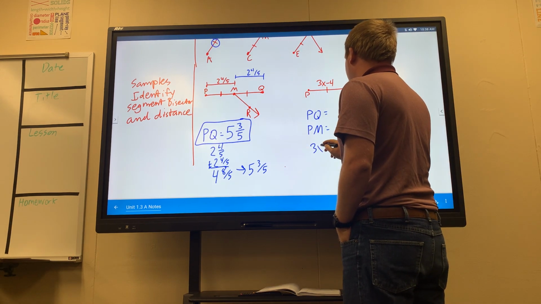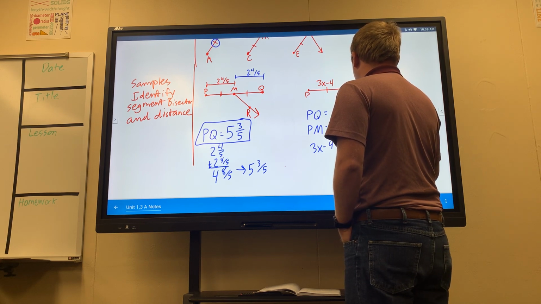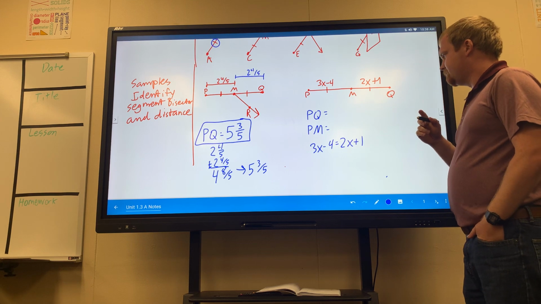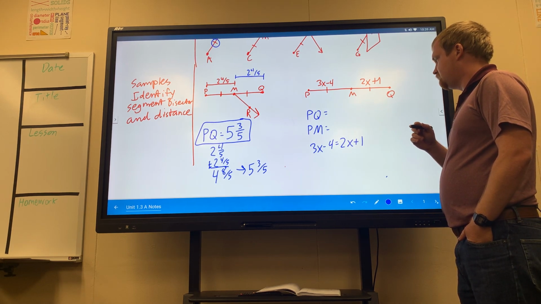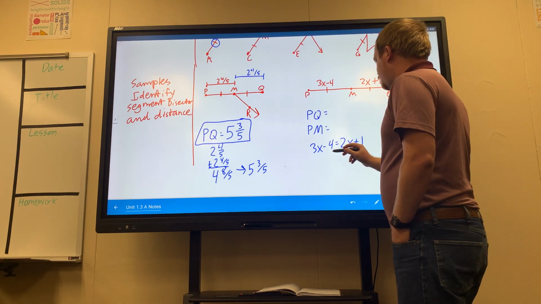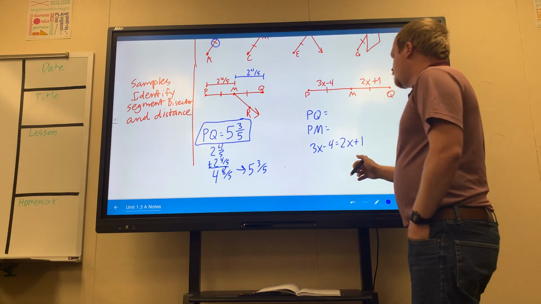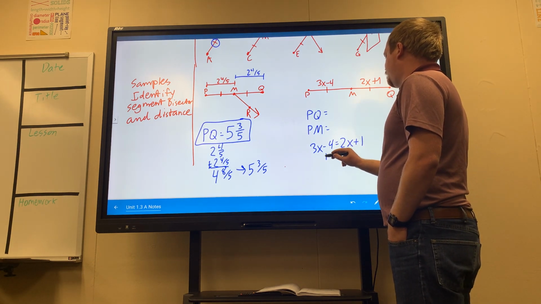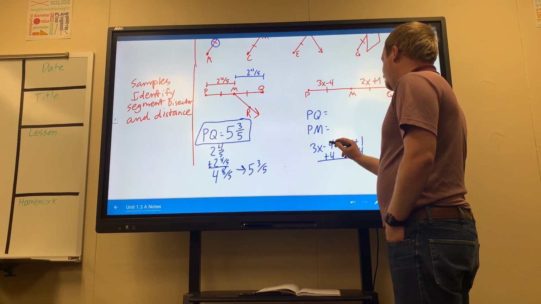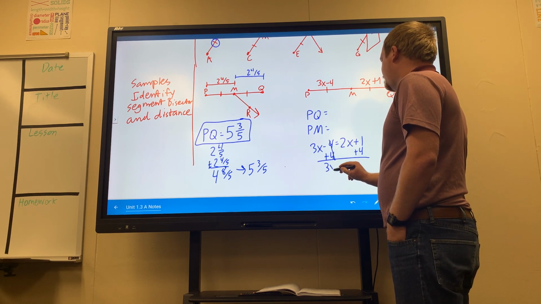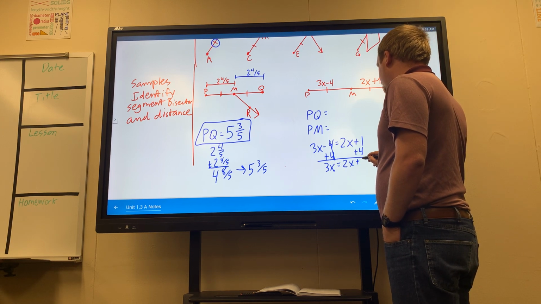So I have 3x minus 4 equals 2x plus 1. So now I've got variables on both sides. I'm going to add 4 to both sides. This cancels out, so that leaves me with 3x equals 2x plus 1 plus 4, which is 5.